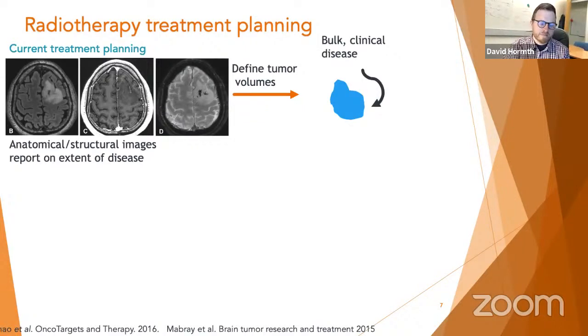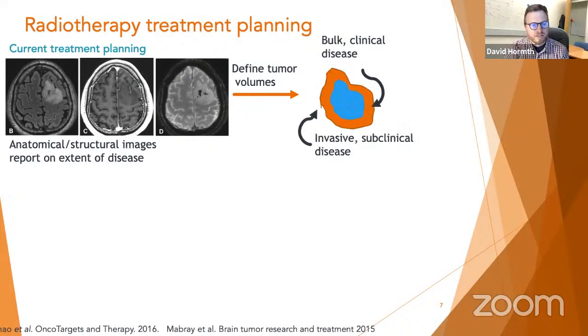They can identify the bulk or clinical disease, so this might be that contrast enhancing lesion. And they can also identify the invasive or subclinical disease. This is the area where we see some abnormalities in the imaging data, and we suspect that there is some invasive tumor spread there.